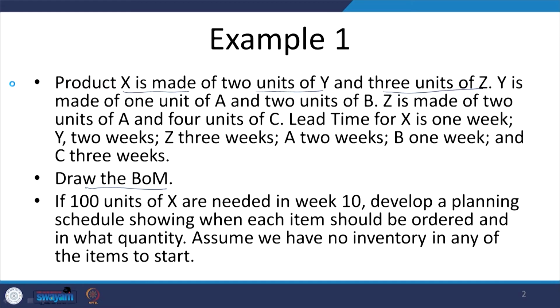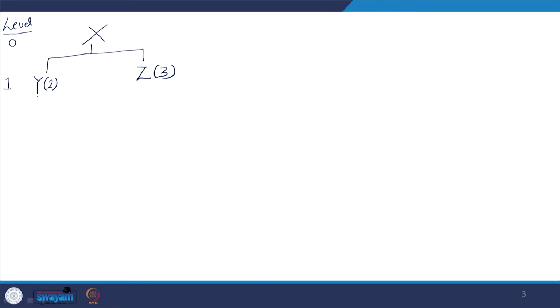Now, going further, Y is made up of 1 unit of A and 2 units of B. Let us add this leg, 1 unit of A and 2 units of B, like this, and this is the second level of the product structure.